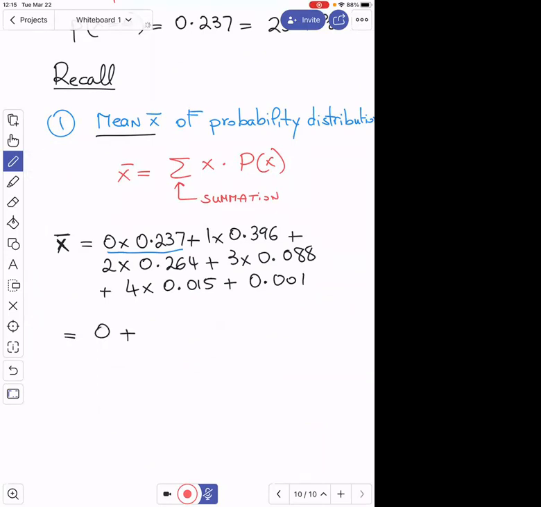Plus 1 times 0.396, that will be just 0.396. And then plus 2 times 0.264, so that will be equal to 0.528.